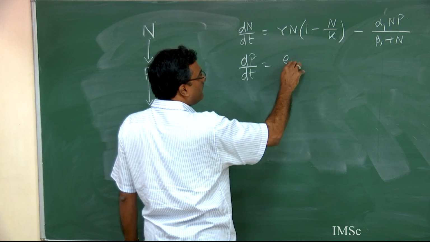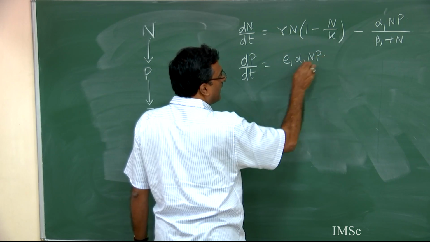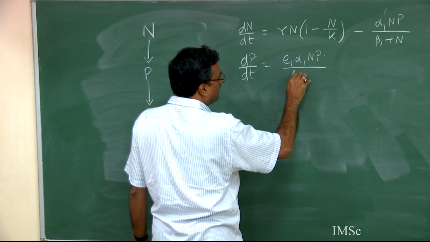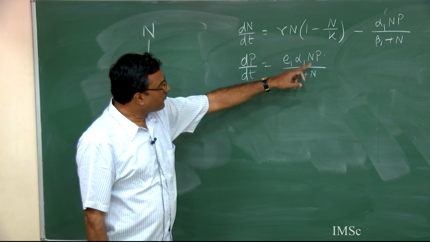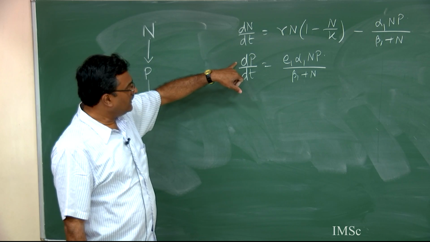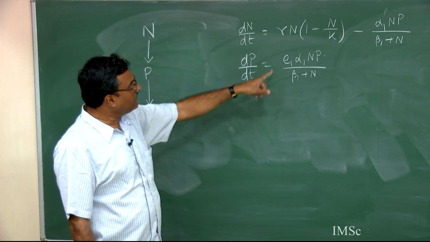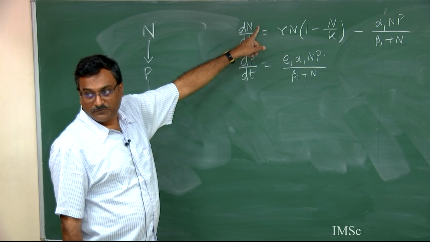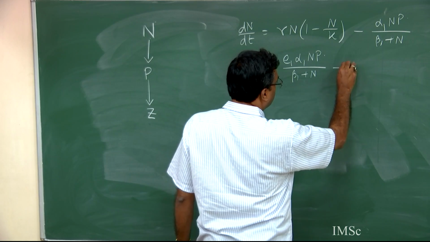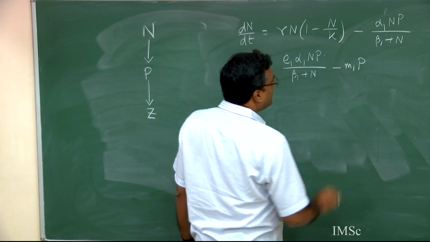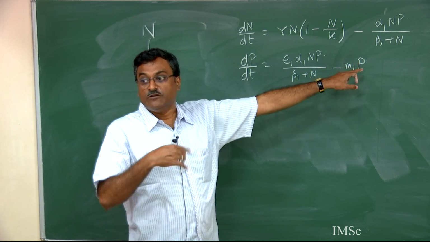So, there will be one conversion efficiency E1 alpha 1 np divided by beta 1 plus n. So, this is the growth of the first predator depending upon the presence of prey population n. They have some natural mortality rate, that is minus m1p, and this p is again consumed by z.